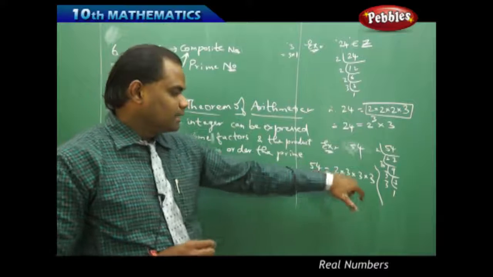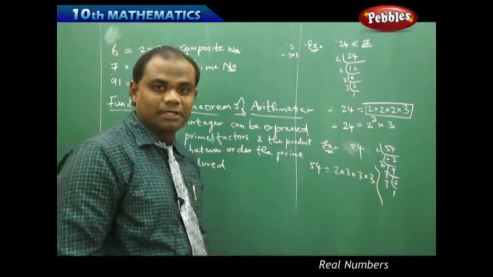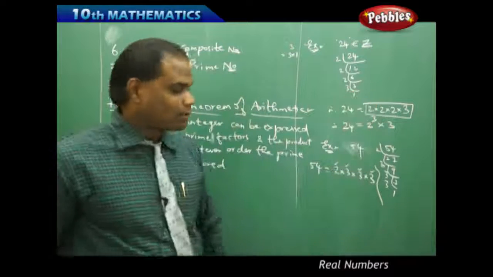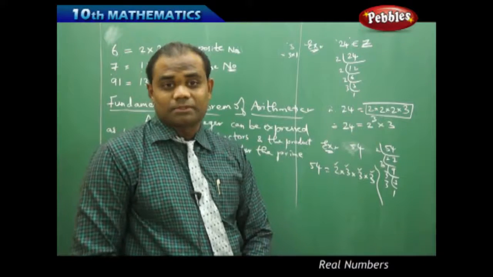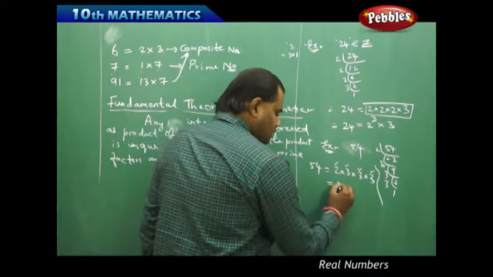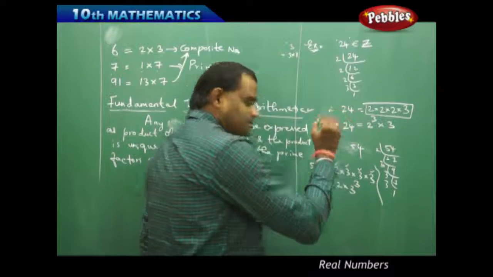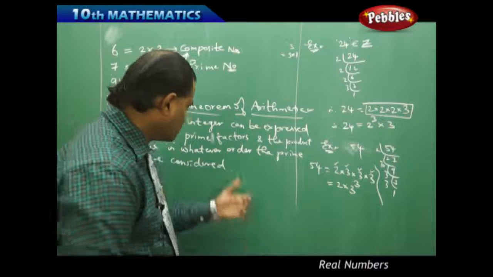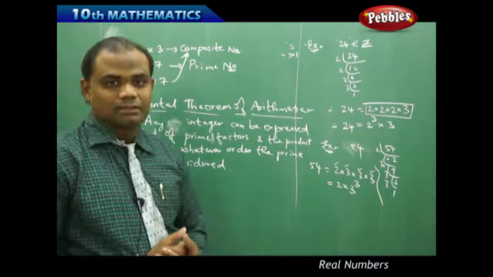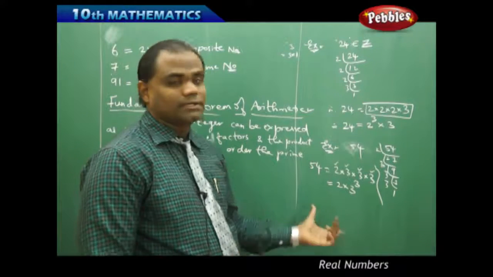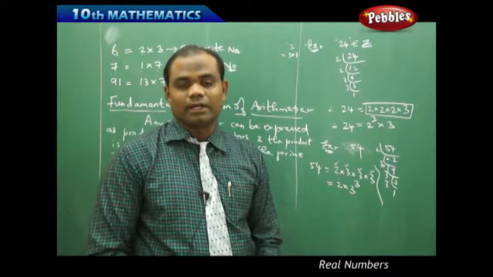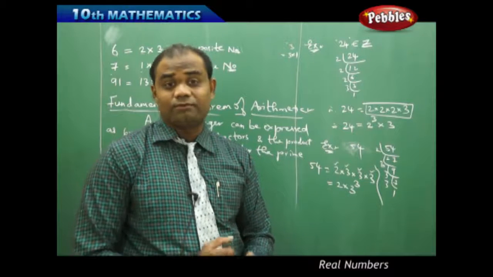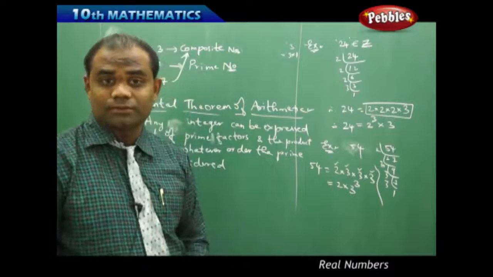So 54 as a product of 2 and 3 clearly makes me understand that all of the numbers considered in the product are primes. 2 and 3 are primes. And the product is unique. You cannot change this into any other form to multiply and get 54, in whatever order the prime factors are considered. Therefore, these two examples finally conclude that any integer taken into consideration can be expressed as a product of prime factors and the product is unique.